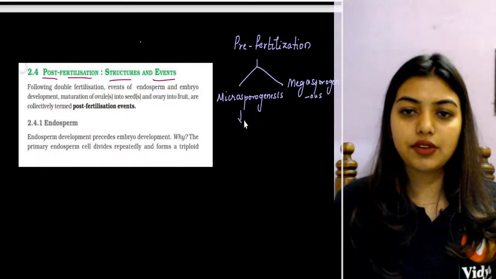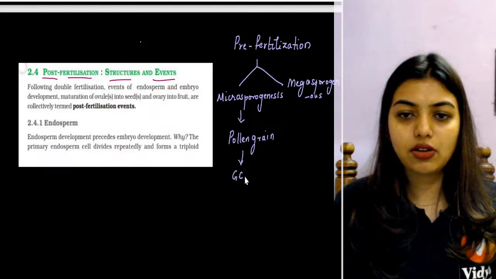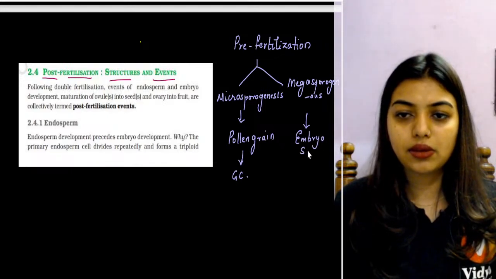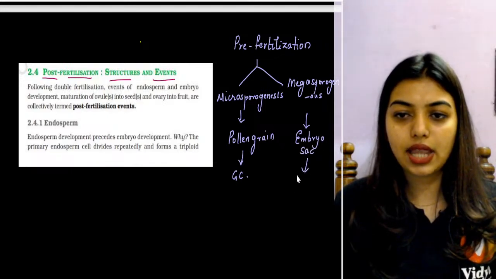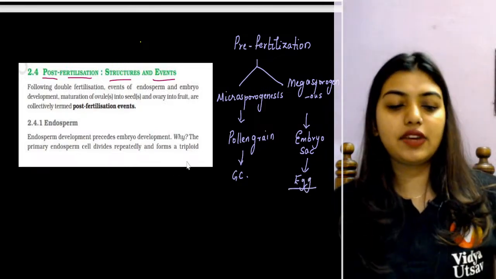In microsporogenesis we form the male gamete, that is, up to the pollen grain, the male gametophyte. In that we form the generative cell or the male gamete. In megasporogenesis we form the embryo sac. Inside the embryo sac the egg was formed. Correct? Very good.